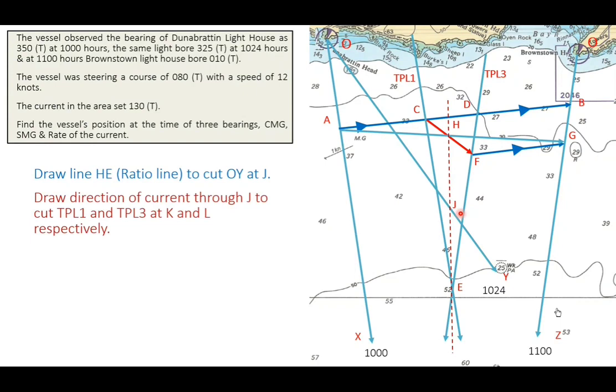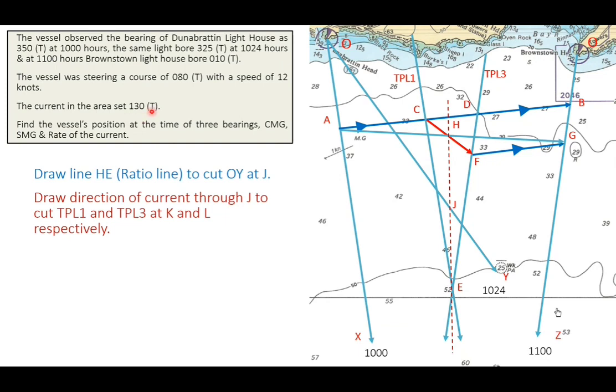Now after Juliet, moving further on our plot, we move on to our next step. From this Juliet point, I draw a line in the direction of the current. The direction of the current is given to me. It is 130. The set or direction of the current is 130.